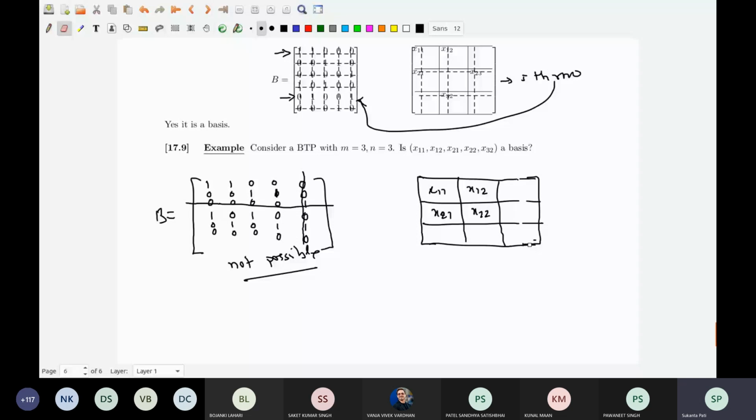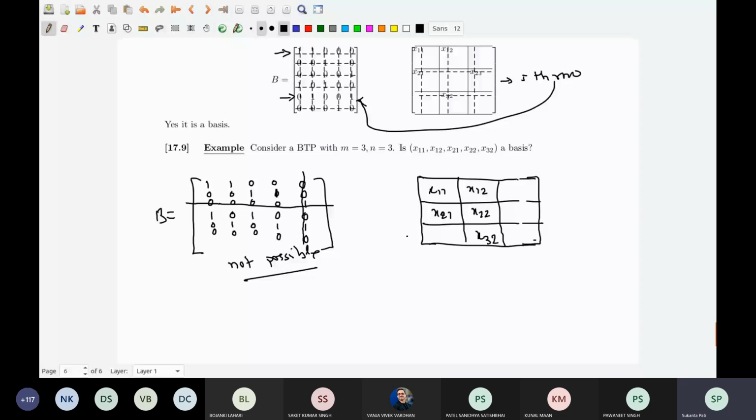Similarly, you should find a line that contains exactly one highlighted variable. Yes, I have found a line, and this particular line actually corresponds to this line. The third row of the table corresponds to the third row of B. That is it.